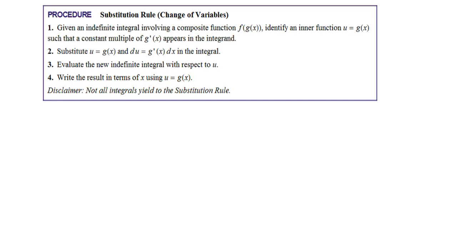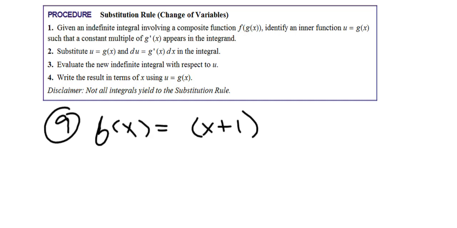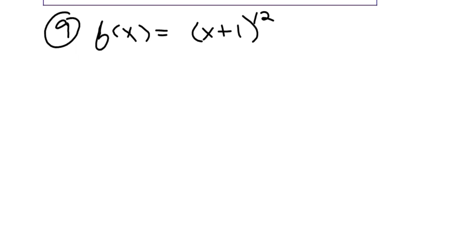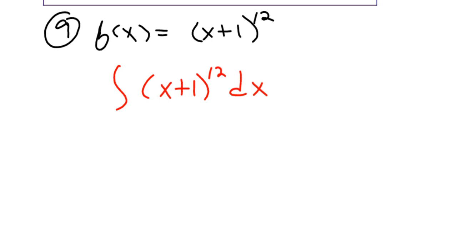So let's start doing some examples. We have number 9, and we're given the function x plus 1 to the 12th power. We're going to set up an indefinite integral, the function and then dx. Right now this is kind of a messy situation, so we'll use u.